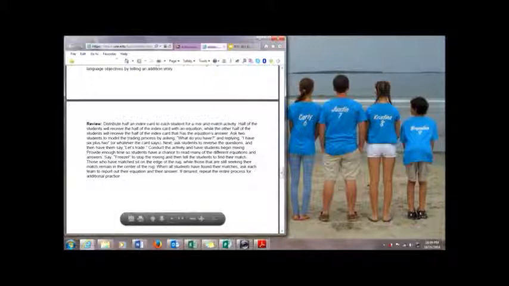This is where it gets a little fuzzy, because you have been talking the whole time about using stories and addition stories and basing your equation off of a story. However, in this part, there's nothing about stories involved at all.